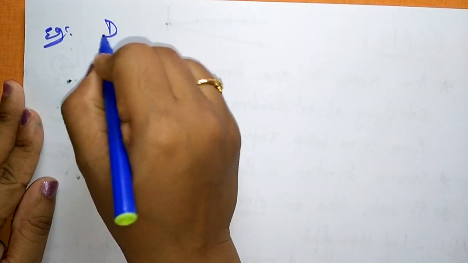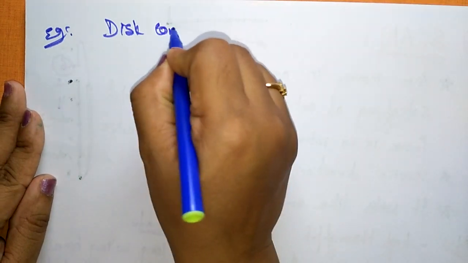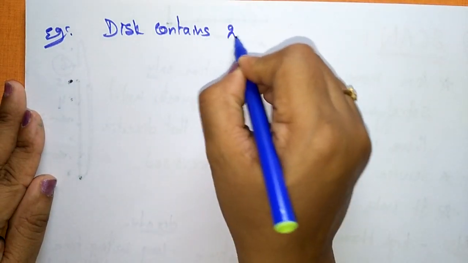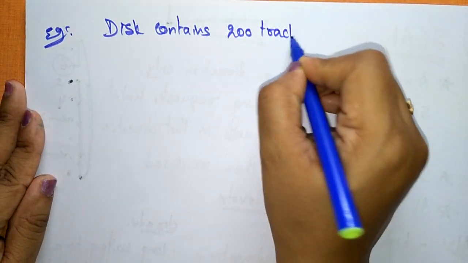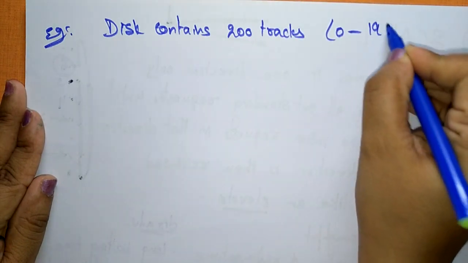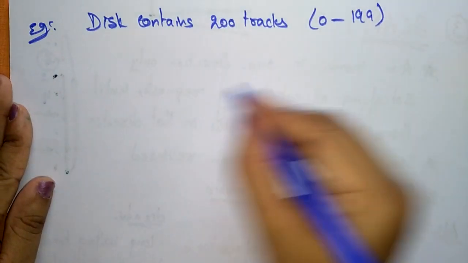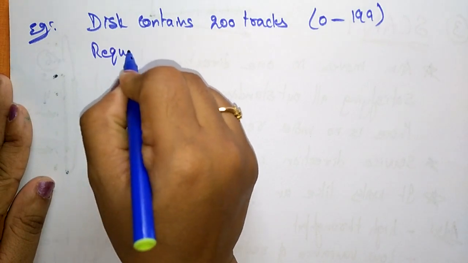Now let us see an example so that you can understand. The same example I am taking. A disk contains 200 tracks, that is from 0 to 199. Next the request queue, the same queue I am taking.